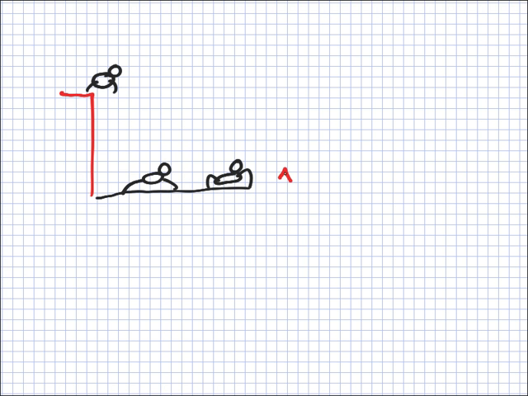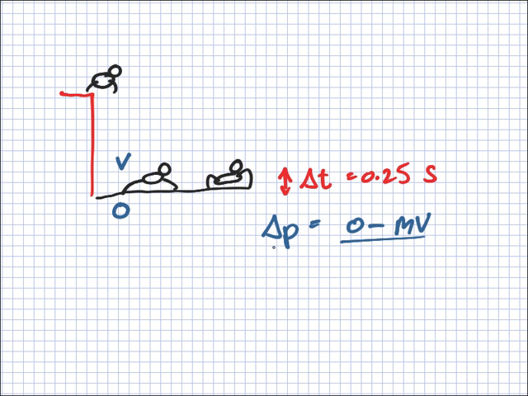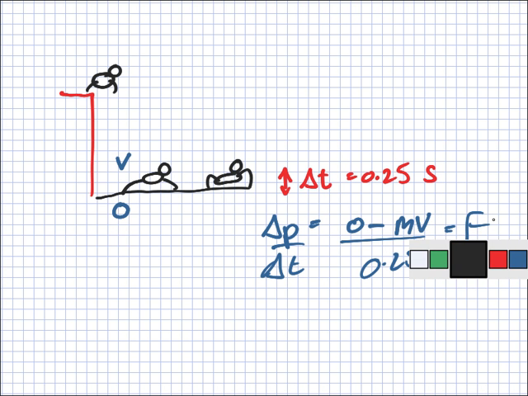This time here is 0.25 seconds. There's going to be a V here and a 0 here. So the delta P would be 0 minus that, and then you divide by delta T. T is 0.25. This is the idea.